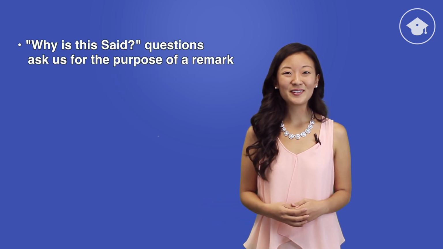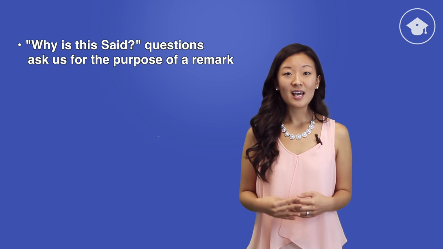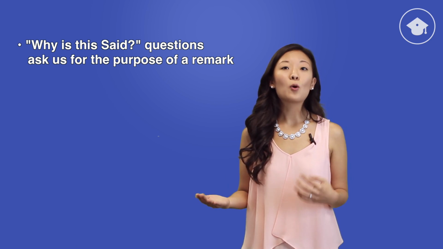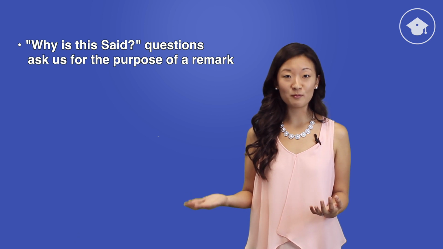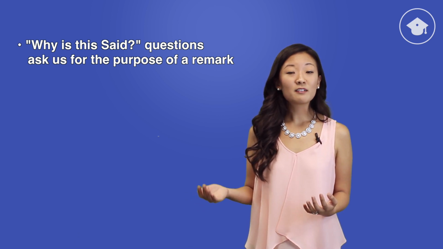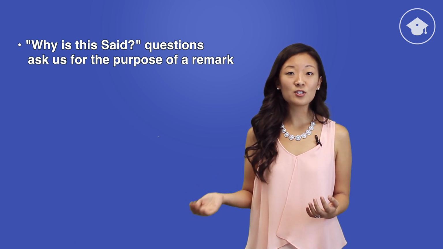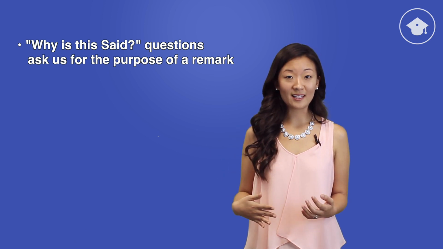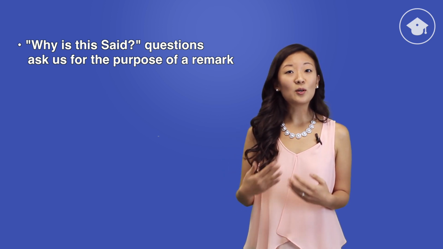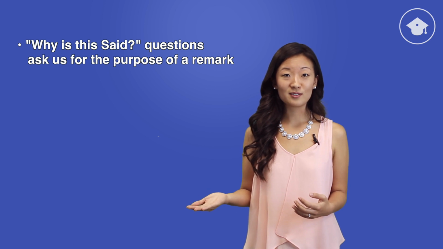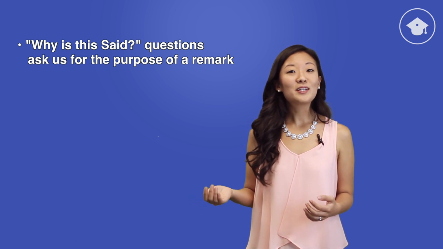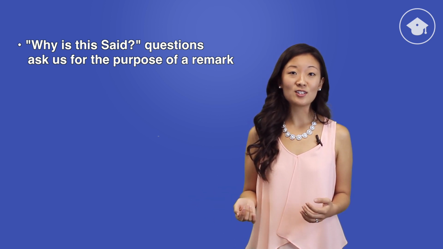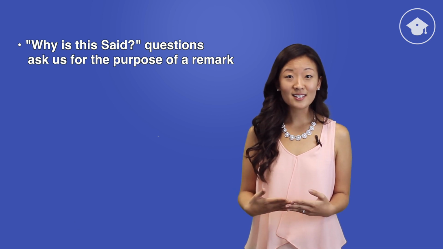Okay, let's review. Why is this said questions ask us for the purpose or meaning of a speaker's remark. The recordings that we need for these questions will be played back with the question, so we don't need our notes for these questions. We can figure out the answer to these questions by looking at the context.